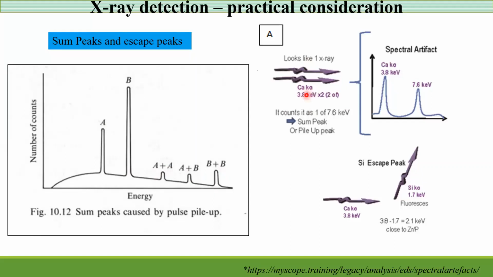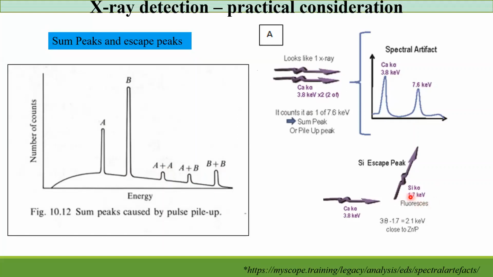And another artifact, for example, looks like one X-ray. Calcium has 3 keV, so sum peaks may also possibly come like a 7.6 keV. So either sum peaks are possible, or escape peaks. It means that from the silicon detector, the silicon channel may sometimes emit X-rays; it's not always, it happens randomly.